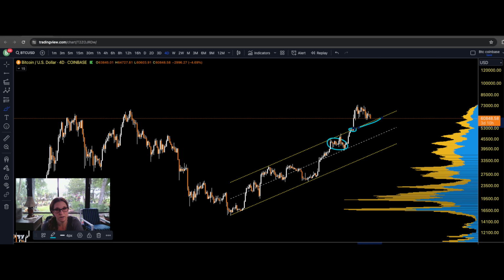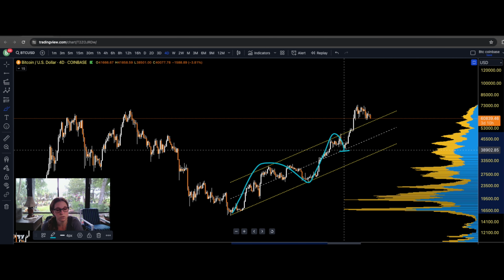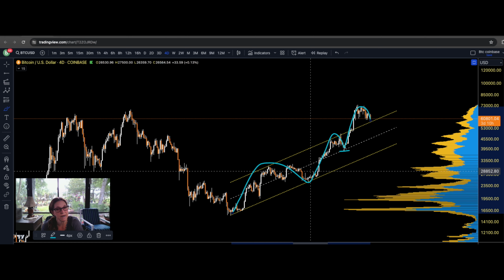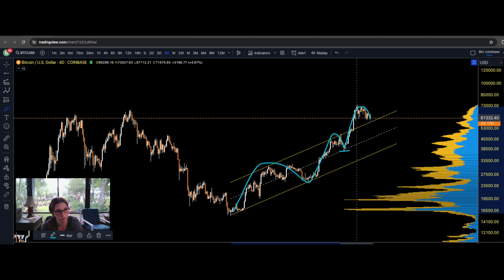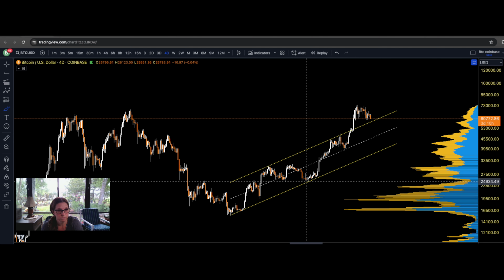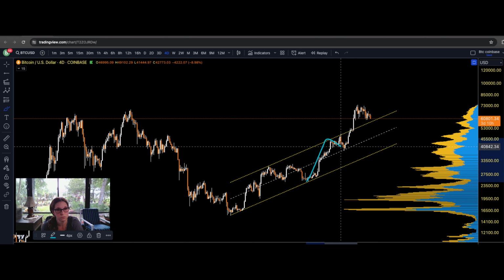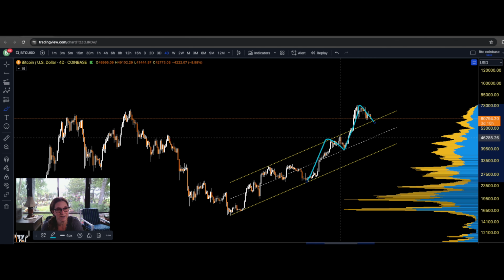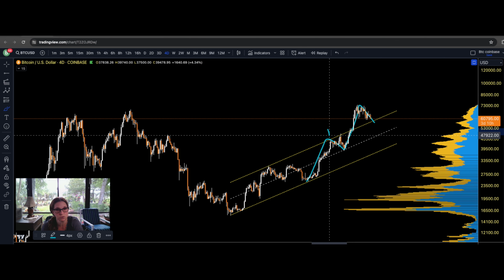Now, complete invalidation is this low of this being a nest of 1, 2, 1, 2, 1, 2. The nest would be the better scenario if Bitcoin was to come deep, because if this area is a wave 1, 2, and this is a 3 and a 4, a wave 4 can absolutely not come into your 1 and your 2.